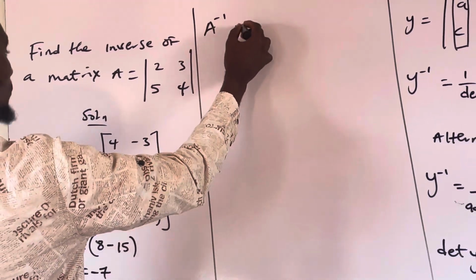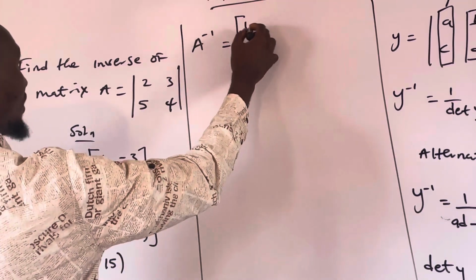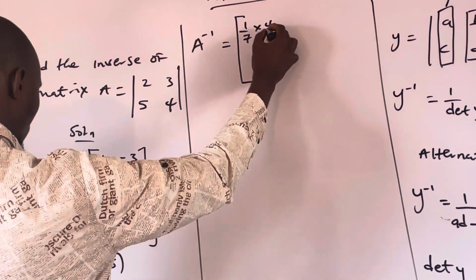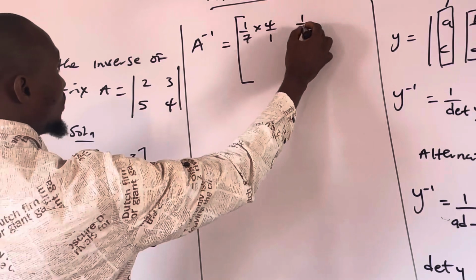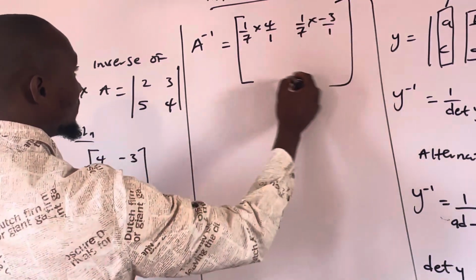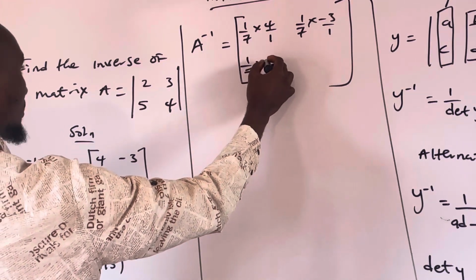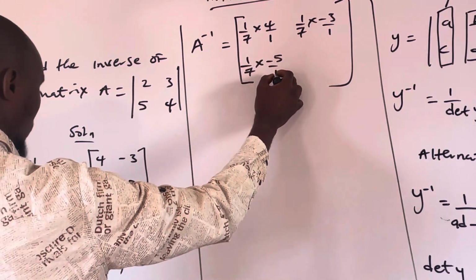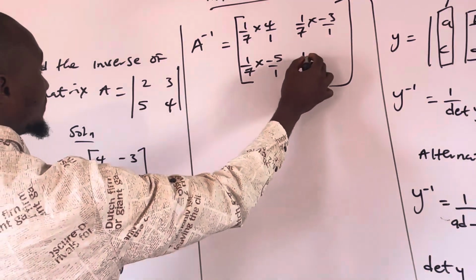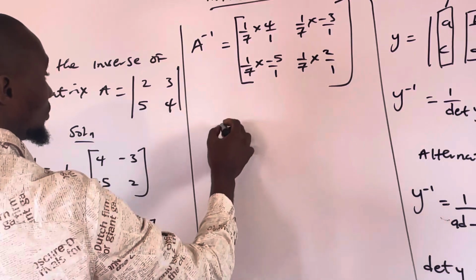A inverse equal to, in big bracket, 1 over 7 times 4 over 1. 1 over 7 times minus 3 over 1. 1 over 7 times minus 5 over 1. 1 over 7 times 2 over 1. So what do we get?